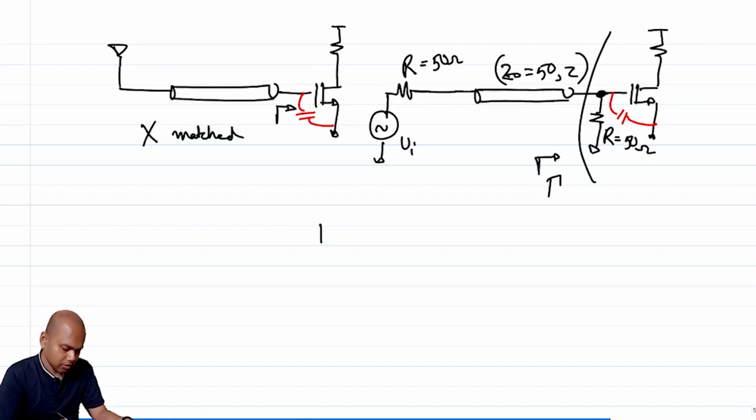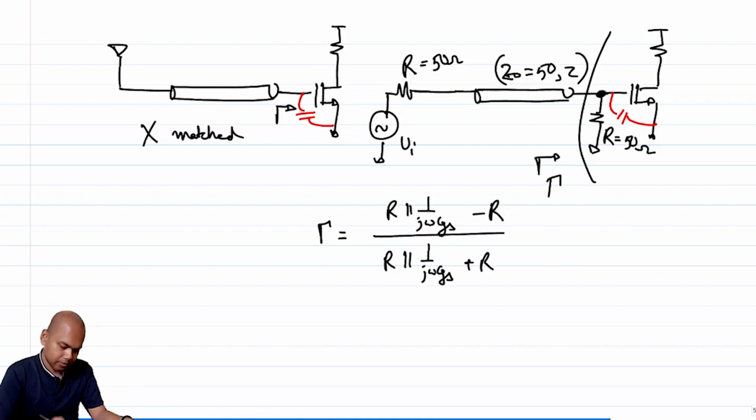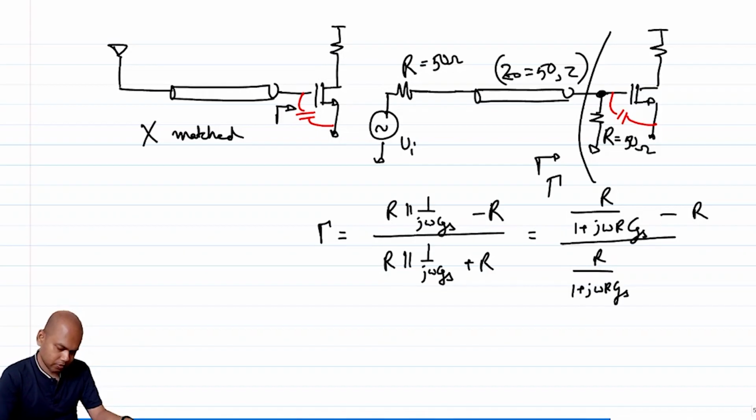What is the gamma? So gamma here is nothing but R parallel 1 by j omega CGS minus R, divided by R parallel 1 by j omega CGS plus R, which is essentially minus j omega R CGS by 2 plus j omega R CGS. So the R's cancel.